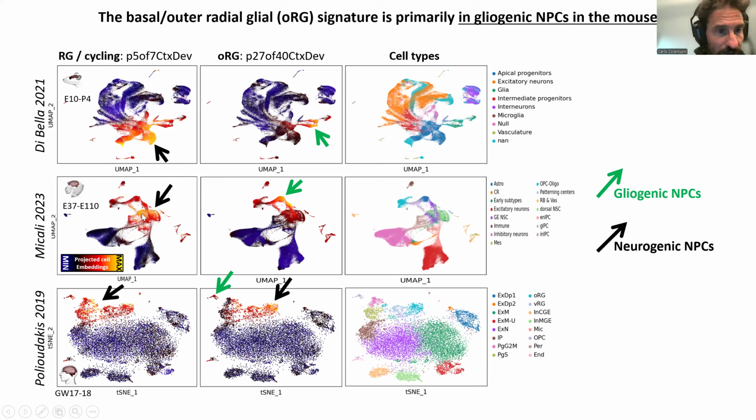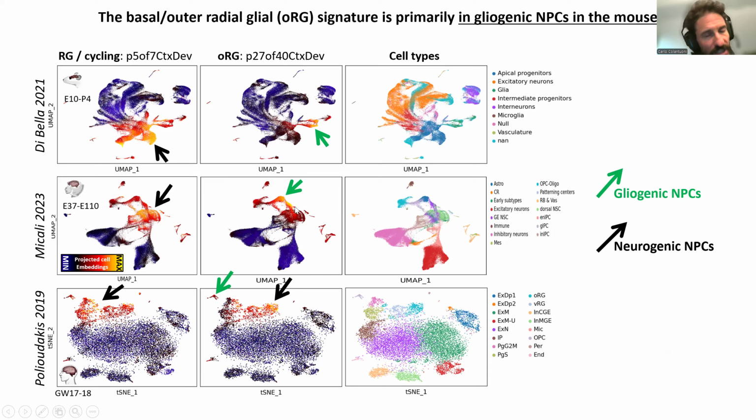Now that's where the earlier signature for radial glia is highest. And here again in the human data, we see that the cycling radial glia are highest in that early one. And later, in the Polioudakis study from Dan Geschwind's lab, the outer radial glia cells are highest, and there's some good expression in the glia too. There's not many glia in this study to compare to.